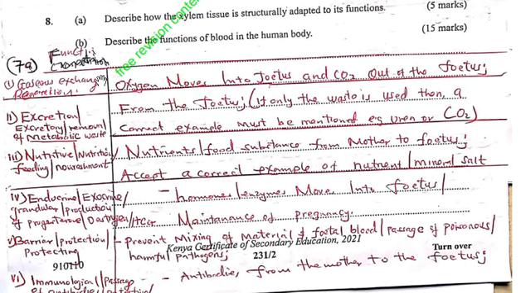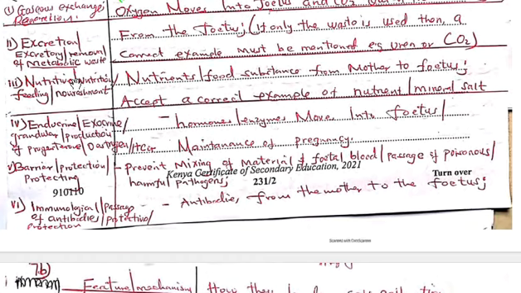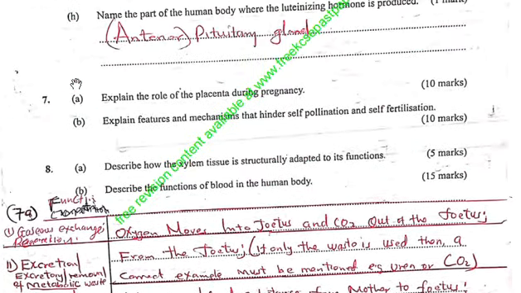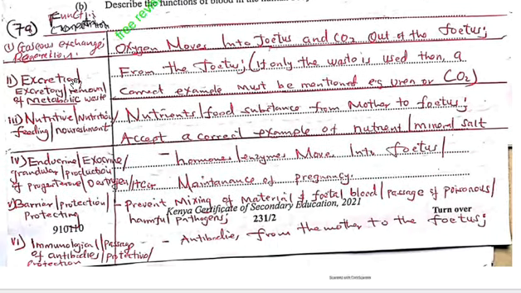For example, you're stating oxygen moves to the fetus to be used by the fetus, and carbon dioxide out of the fetus to the mother. Then another role of the placenta, we have excretion or removal of metabolic waste, and this is from the fetus to the mother.